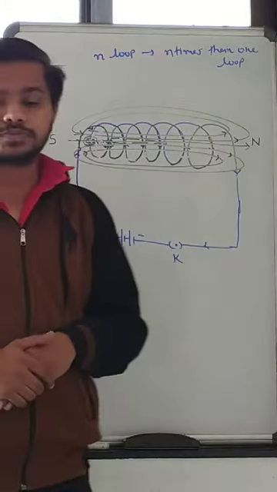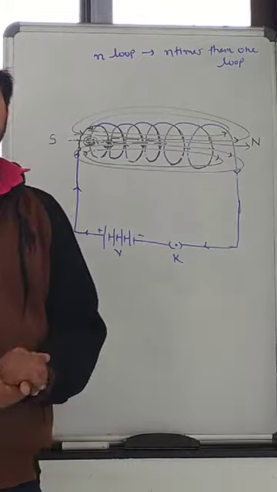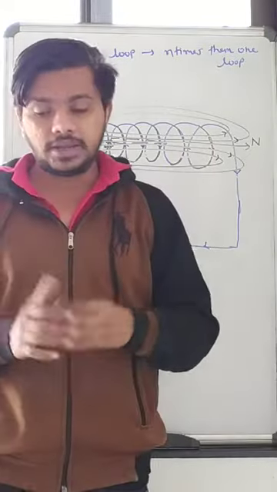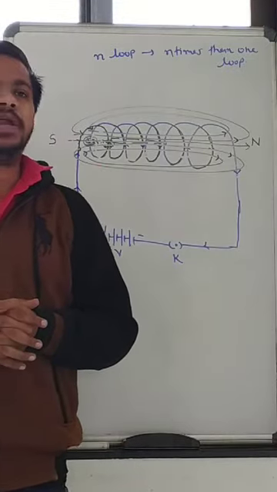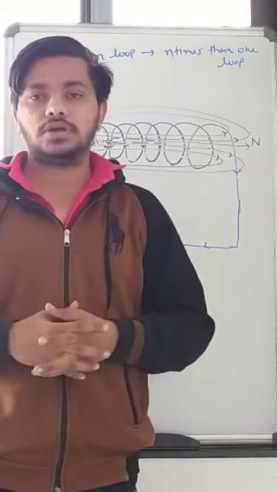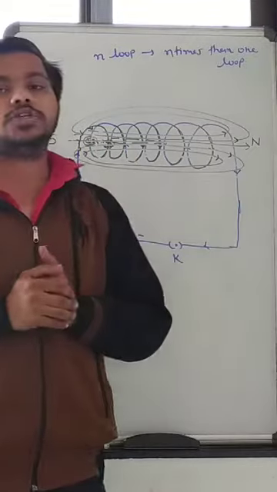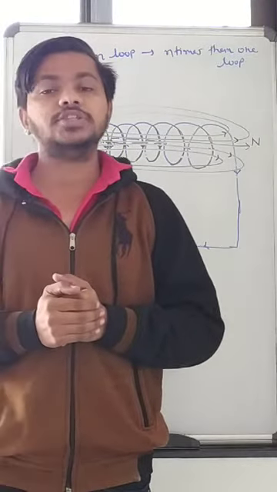Once again, what is a solenoid? A solenoid is a type of conductor which is wound in a cylindrical shape, with the turns separate from each other. This whole structure is known as a solenoid.